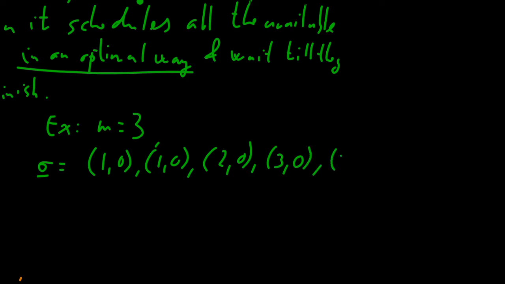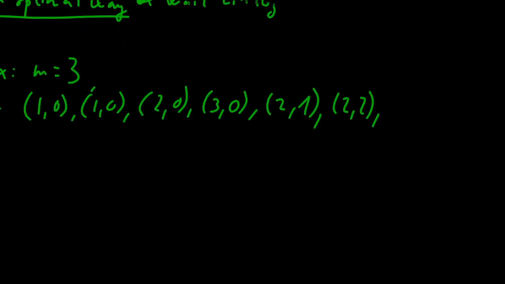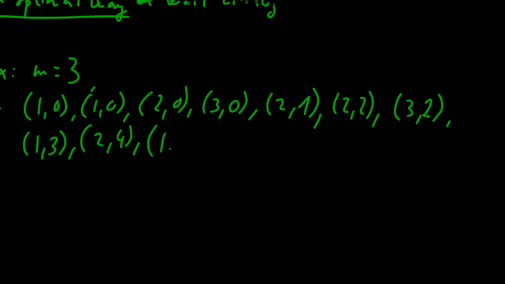After 1 unit of time, a job of size 2 will arrive, and after 1 more time unit, a job of size 2 will arrive, and then a job of size 3 will arrive at 2. Then at 3 a job of size 1 will arrive, then at 4 a job of size 2, and finally a unit size job will arrive at 5.